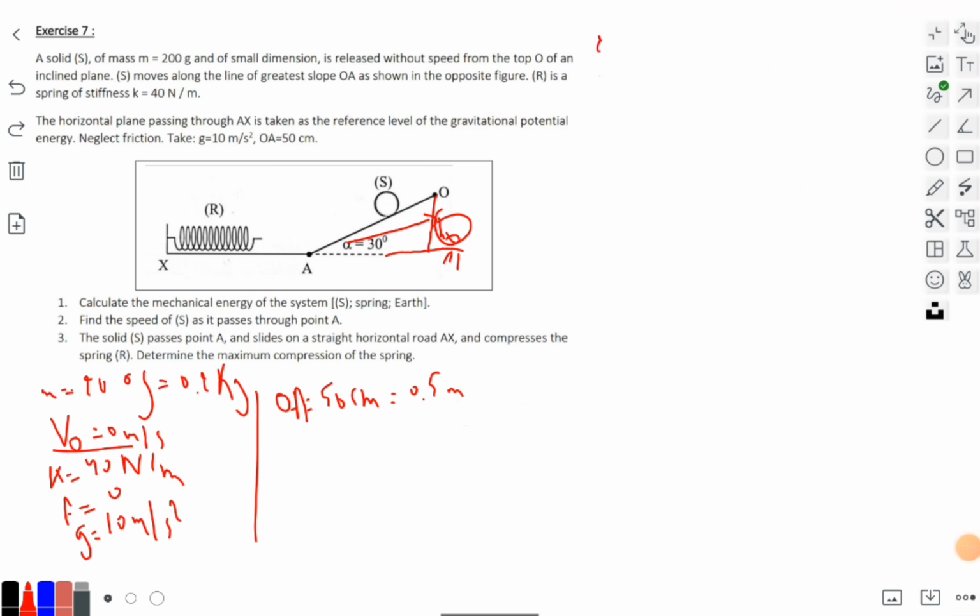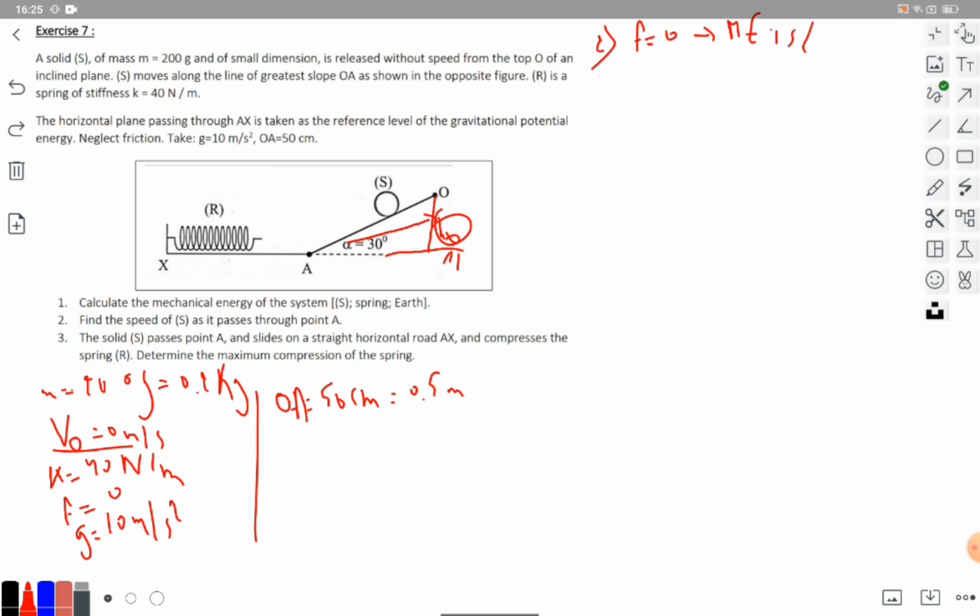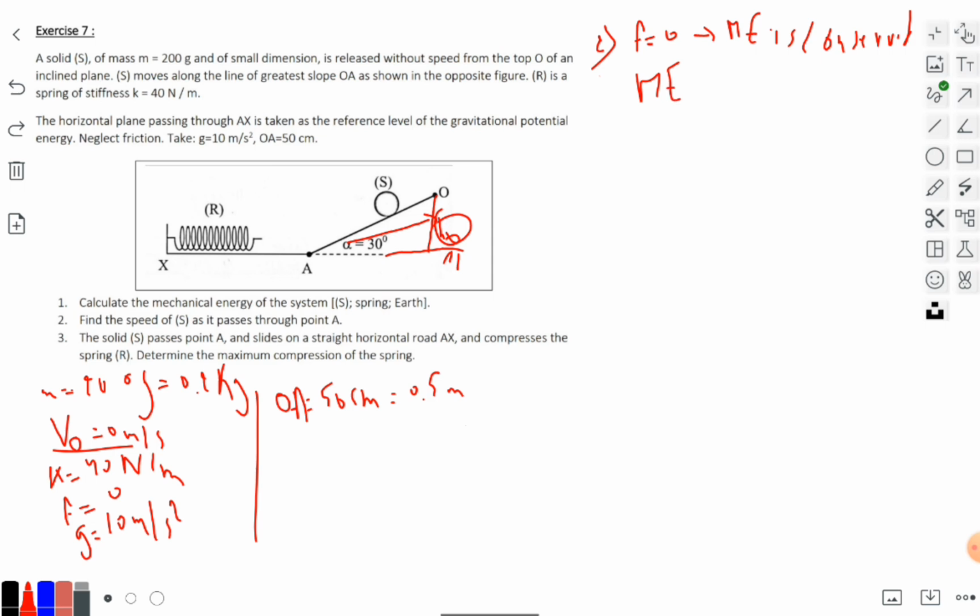Part 2. Find the speed of S as it passes through point A. When friction equal to 0, then ME is conserved. Then mechanical energy at point O equals mechanical energy at point A. Therefore, 0.5 equals kinetic energy at point A plus gravitational potential energy at point A. While the object at point A is on the reference, so the gravitational potential energy is equal to 0.